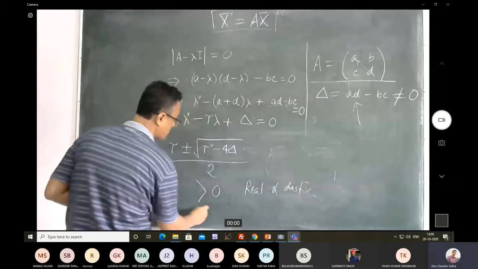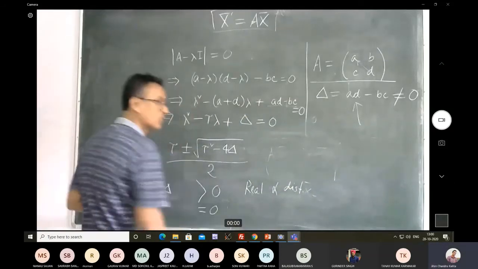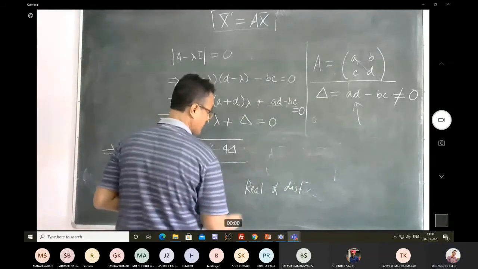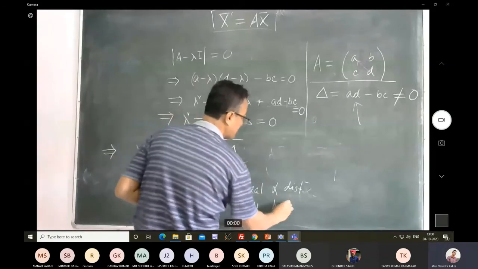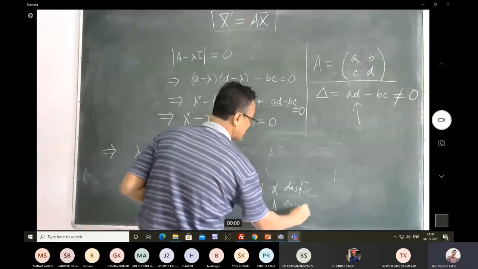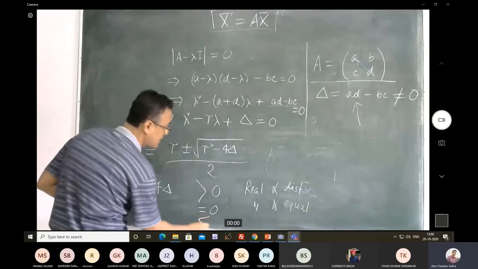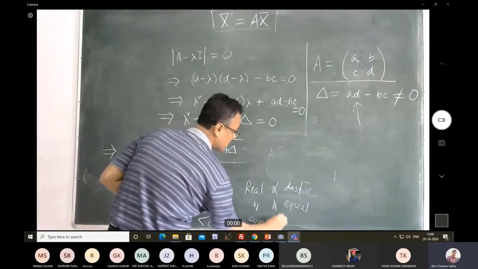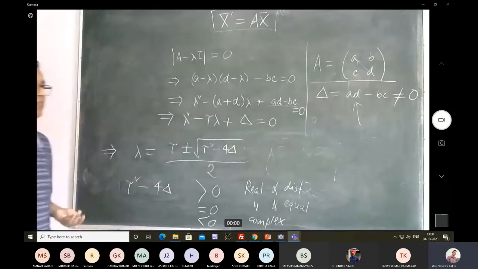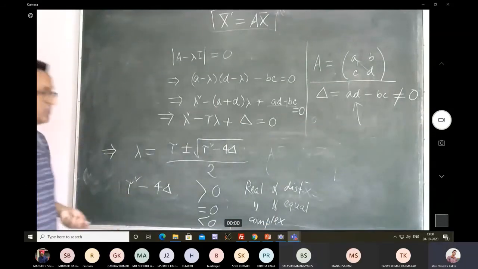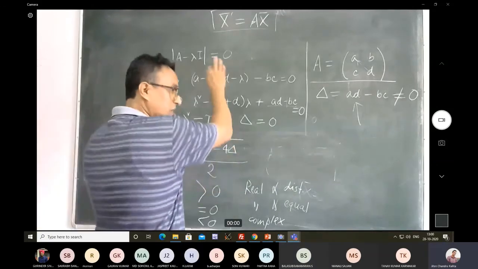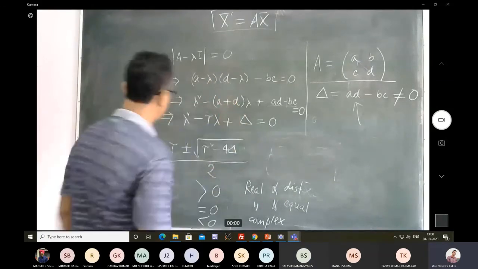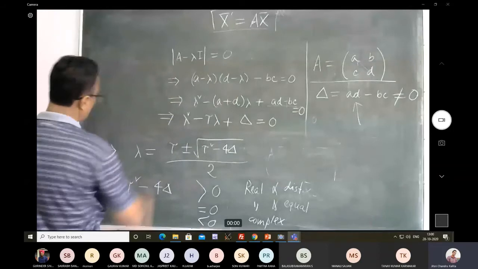If it's equal to 0, then real and equal, and if it is less than 0, they are going to be complex. Is it okay with everybody? So now the remaining study we are going to do based on this.